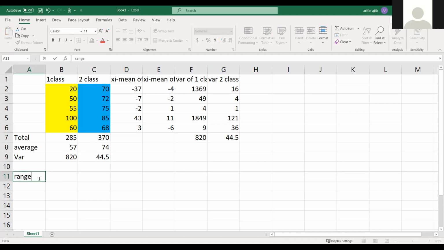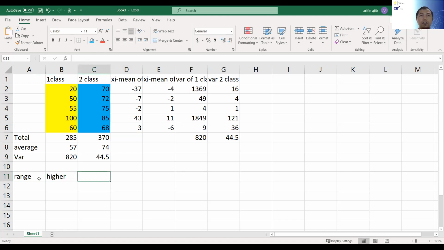Okay. In terms of range, the first class is higher than the second class. The second class has a higher average. No, in terms of range. Oh, the range is closer. Closer, higher, up to you, the word that you use.